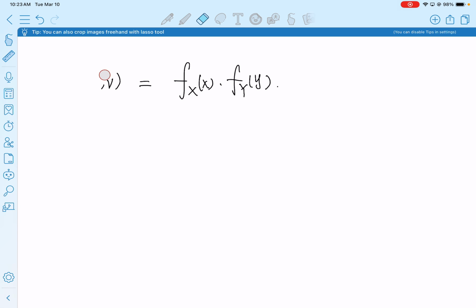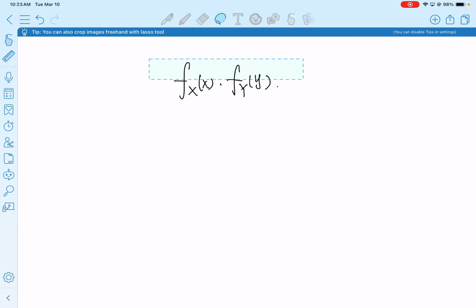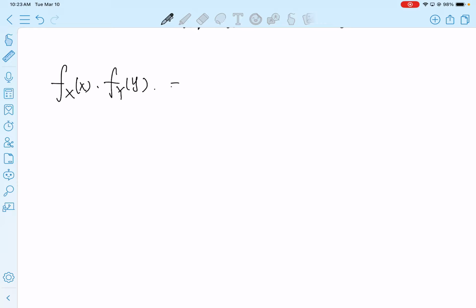Maybe I shouldn't set it as an equal sign here. So in terms of x and y, we need to take the product of the two marginals, and individually they follow a gamma distribution.